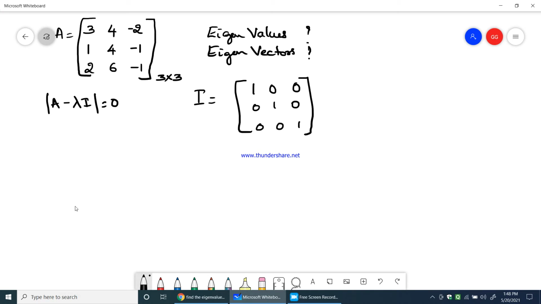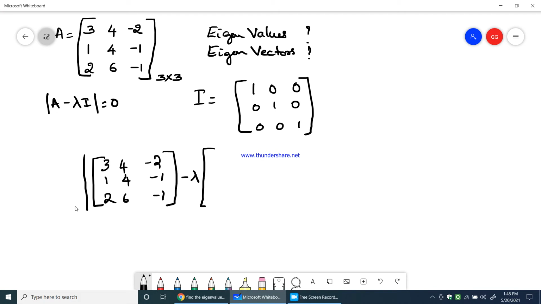We will use this identity, so it is the determinant of A, which is 3 4 minus 2, 1 4 minus 1, 2 6 minus 1, minus lambda into 1 0 0, 0 1 0, 0 0 1.